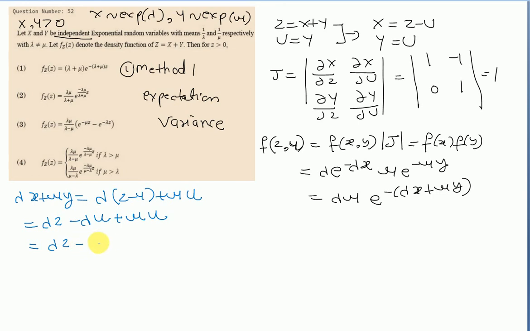Lambda Z minus, taking U common, we get lambda minus mu, and finally we can put the value of lambda x plus mu y again in this f of z,u. So f of z,u can be written as lambda mu e raised to power minus lambda z, and again e raised to power U times lambda minus mu. This is how we can write the joint density function of Z and U.